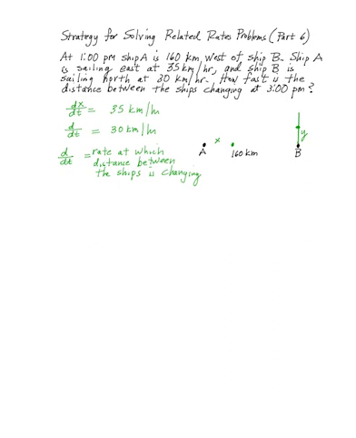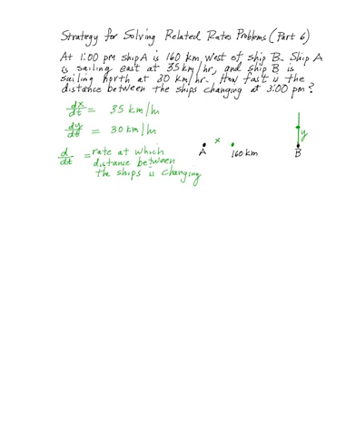Okay? Now, y is increasing instead of decreasing, right? So, dy/dt is a positive 30 kilometers per hour, just like dx/dt was a positive 35 kilometers per hour, because x is getting larger and y is getting larger.